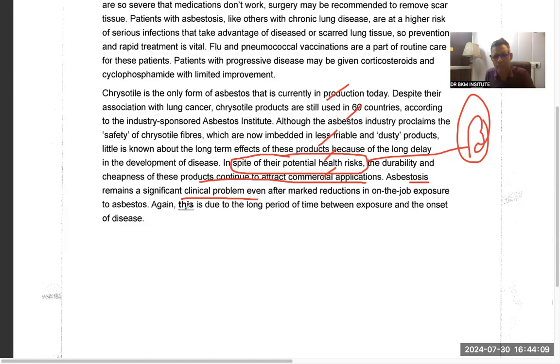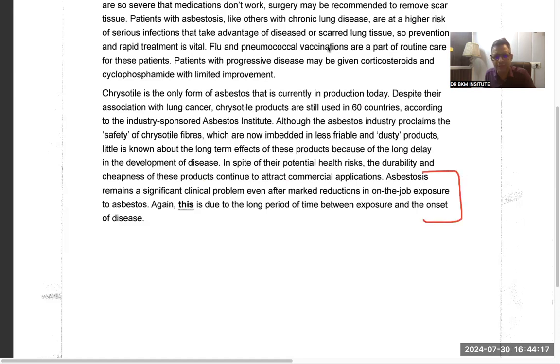Now, by chance, I'm doing this question as well. Nobody has asked me, but sometimes people have a lot of problems finding these words. Try to read these two lines. Asbestosis remains a significant clinical problem. Again, this is due to the long period. So this means it is a significant clinical problem, and this is due to the long period.